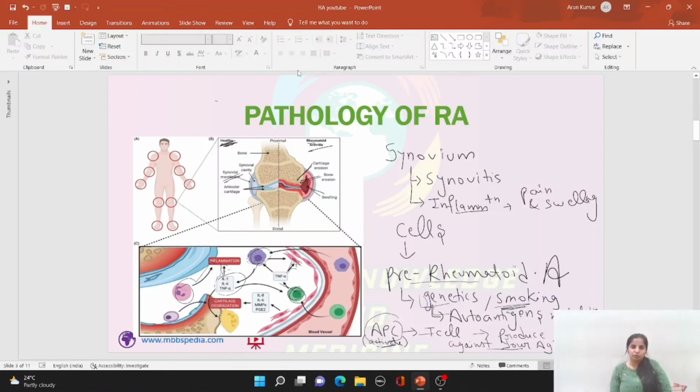So, due to this, there will be production of cells, cytokines, which I have already mentioned, interleukin 1, interleukin 6, TNF alpha, many more will be produced, which will lead to the inflammation and bone erosion, cartilage erosion.